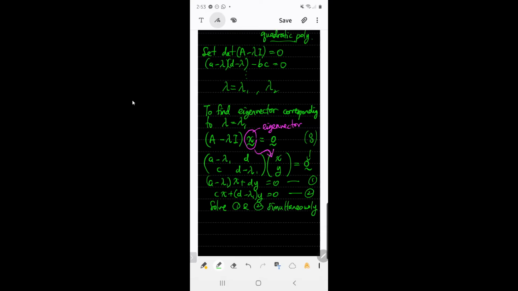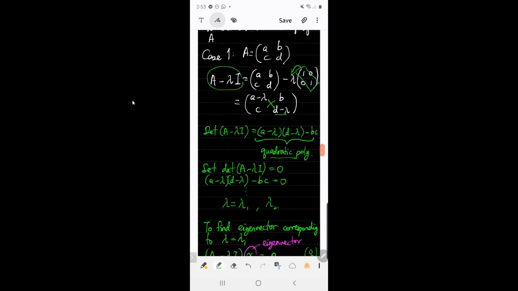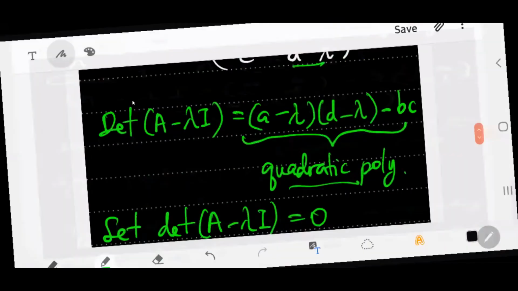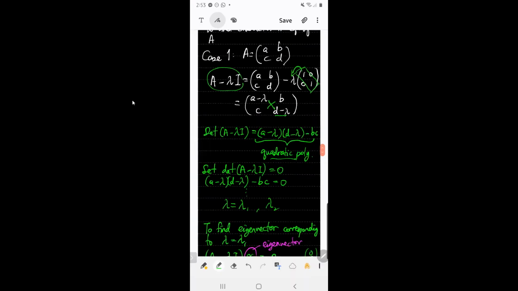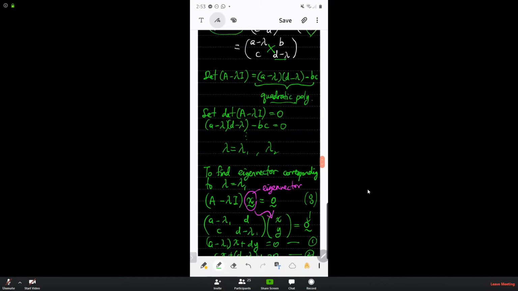Okay, and this is the overall process for a 2 by 2 matrix A in the form of A, B, C, D. So first of all, you must find what is A minus lambda I. Okay, after that, you find the determinant of A minus lambda I. Then you set the determinant of A minus lambda I equals to 0. Then you solve the quadratic polynomial equation.